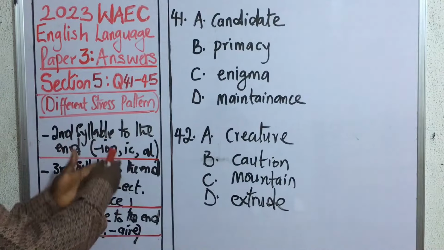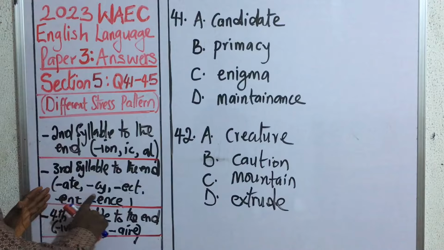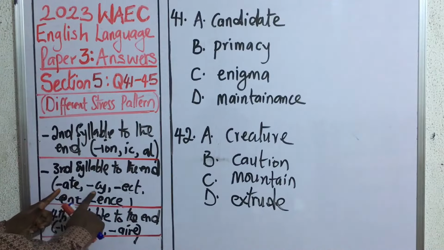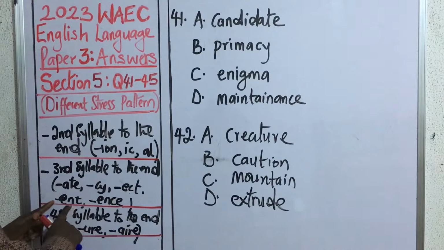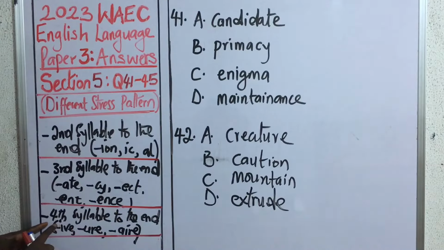Then you stress a word on the third to the last syllable if it ends in ATE, CY, ECT, ENT, or ENCE. And then you stress a word on the fourth syllable if it ends in IVE, URE, AIRE.